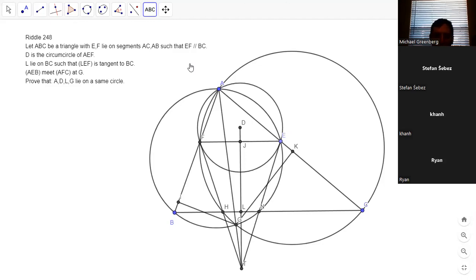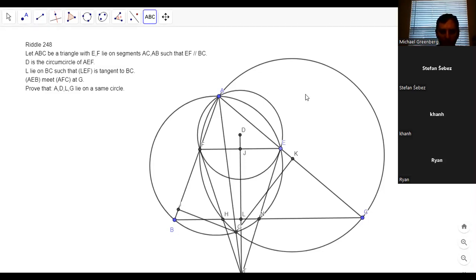Okay, so a spiral similarity takes GBA to GAC, is that right? Well, because if GBF is similar to GEC, then, well, you can just explain it like how I did in the chat, using similarities.